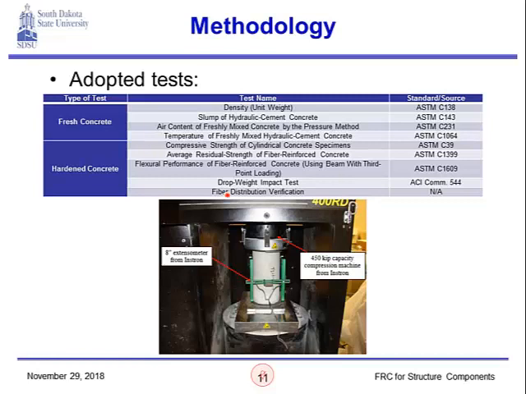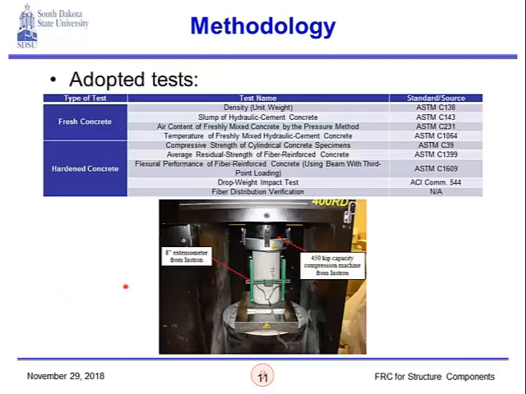And finally, we verified the fiber distribution by saw cutting a cylindrical sample and looking at the interior cross section by eye, to see the distribution of fibers and whether we have any fiber balling, just to make sure our mixing and consolidation procedures went well.